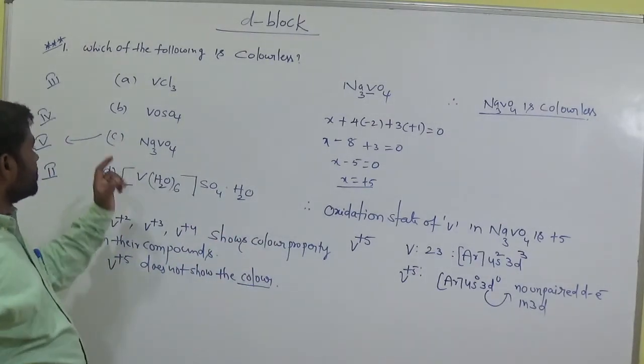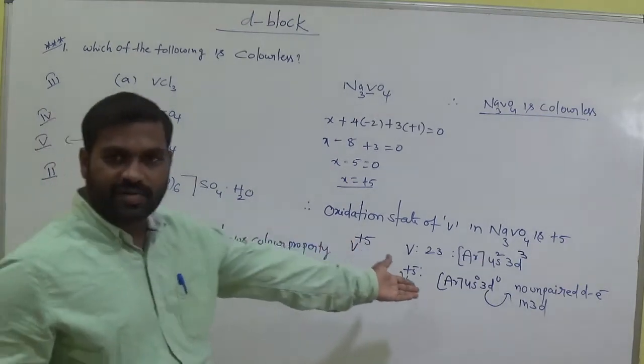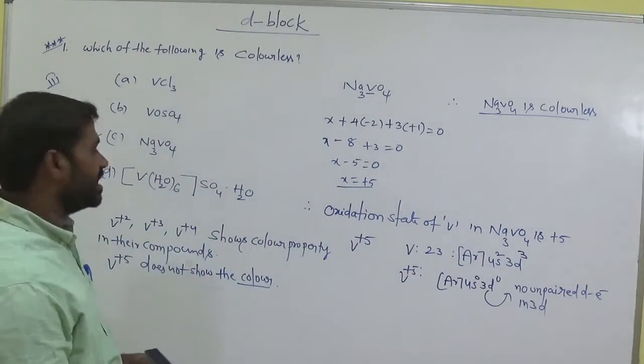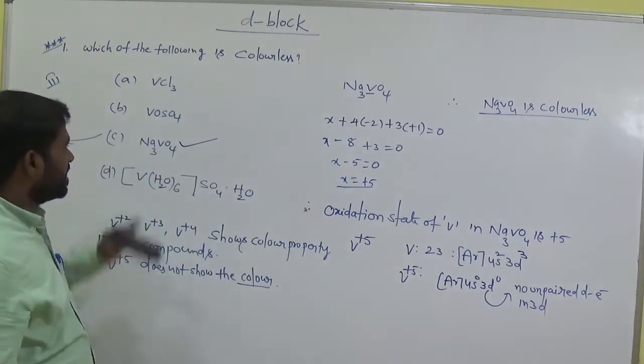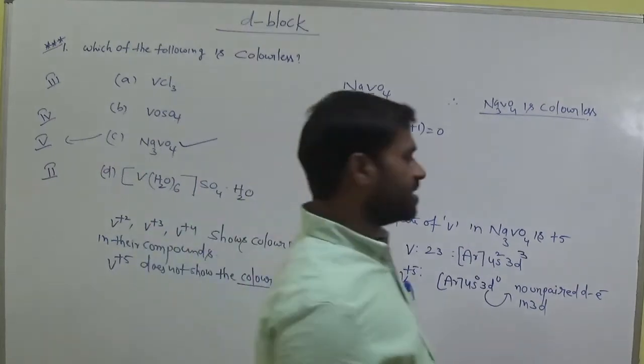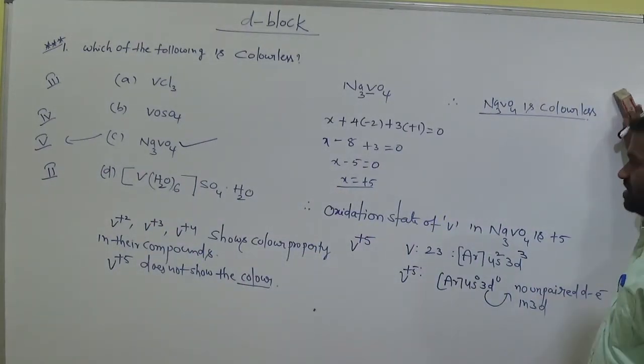But vanadium +5 doesn't possess any electrons in 3d. There is no unpaired electron, so it is clearly colorless. This is the answer. The remaining are all colored. So a very important bit, this one.